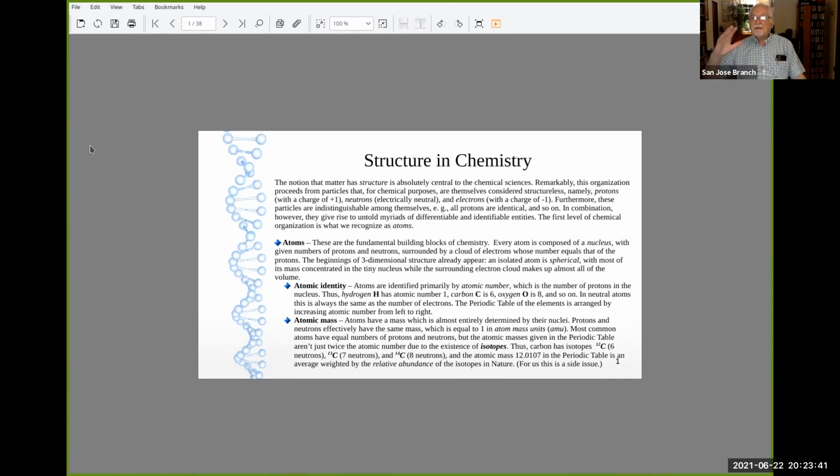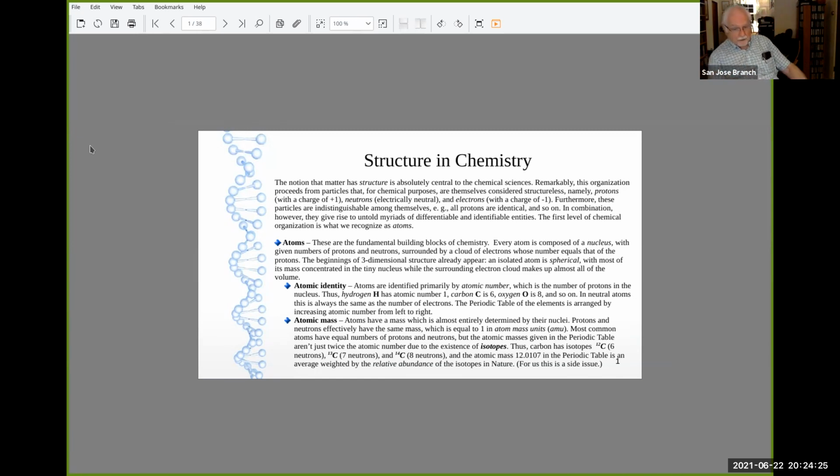But in any event, you're starting to get some kind of three-dimensional structure already, because an isolated atom is spherical. If it's not interacting with anything, then it's spherical. Most of the mass is in this tiny nucleus, and the surrounding electron cloud makes up almost all the volume. So it's almost like there's empty space between the electrons and the nuclei, but that's what matter is made up of.